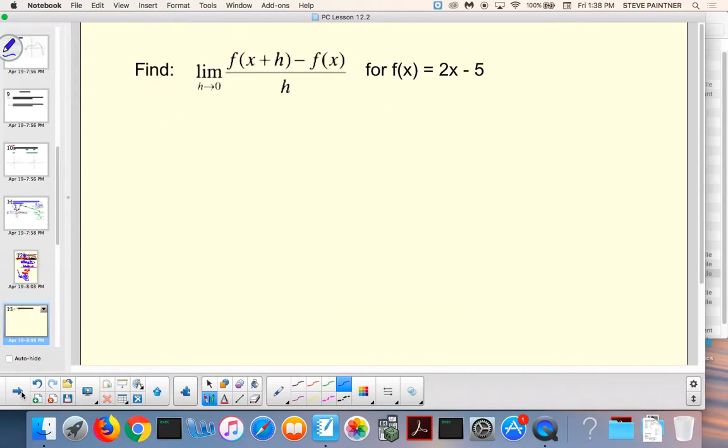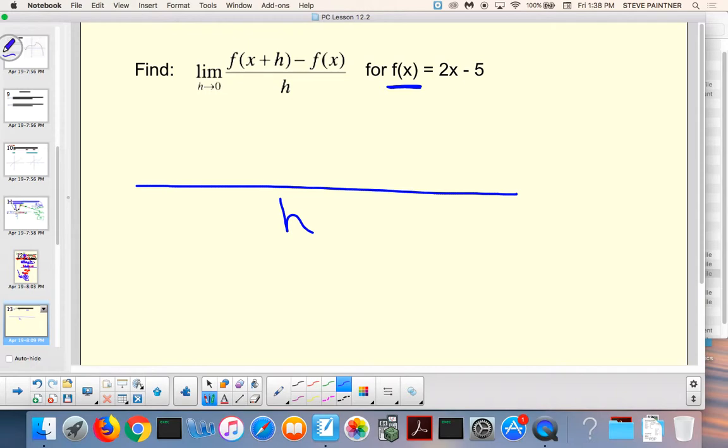Here's the next one. Take the difference quotient right here. So it's going to be your function at this x value minus your function at this x value over h. Where's your function? Right here. There's your function. Get started. I'll do the bottom for you.